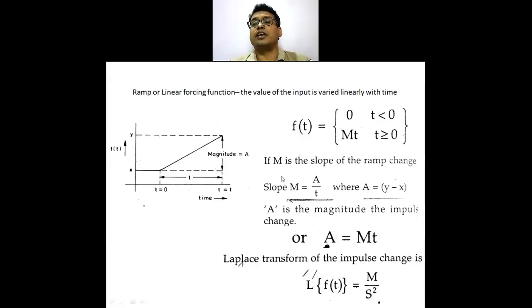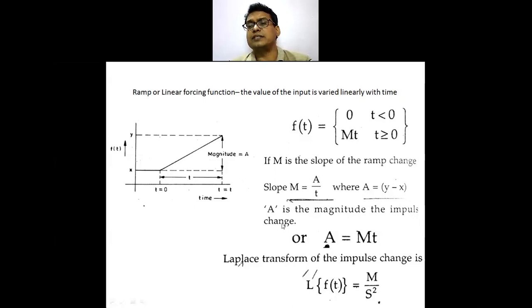It can be written as m, which is nothing but the slope, equal to A upon t. Here A is nothing but y minus x. In this case, this is y and this is x. If time t equals some value at this point, then this will be y1 minus x.